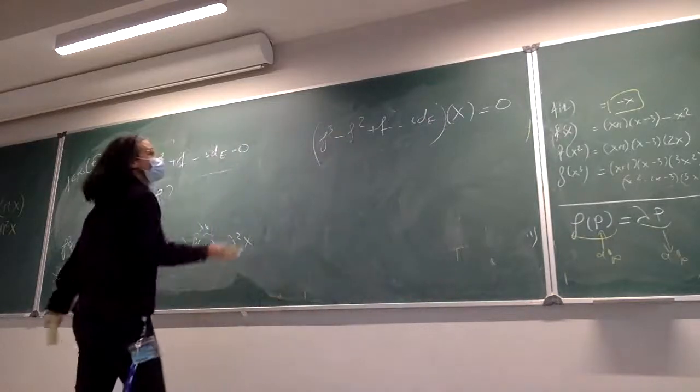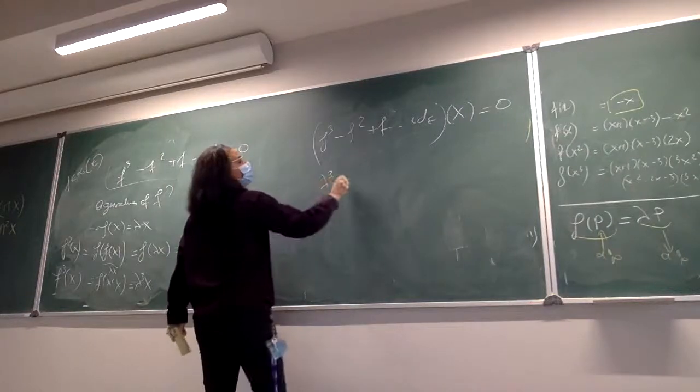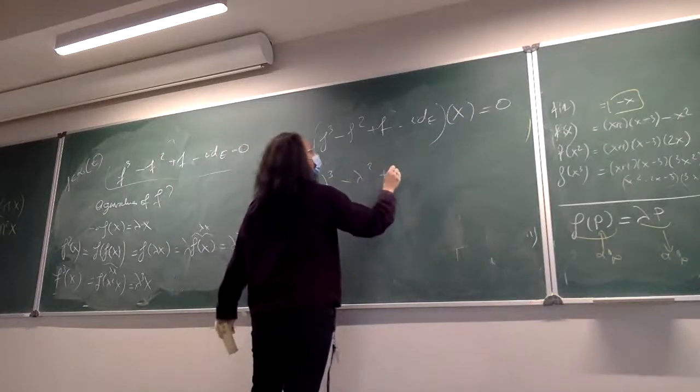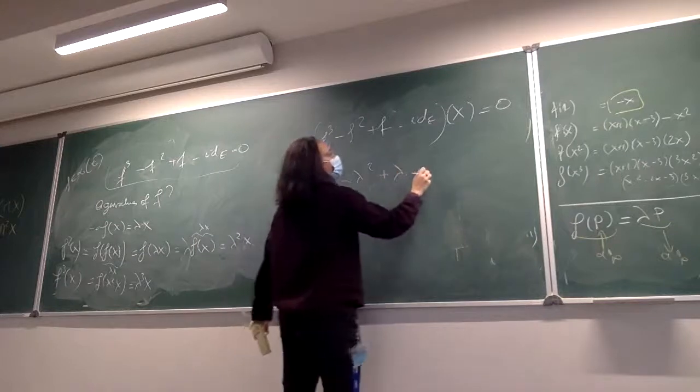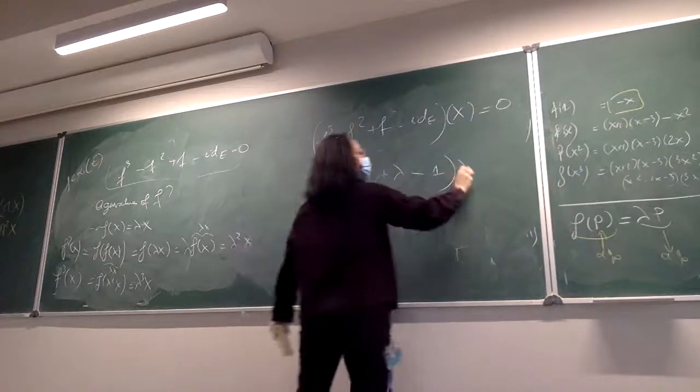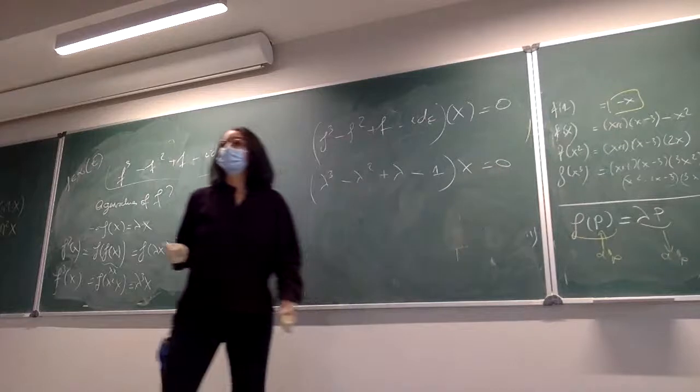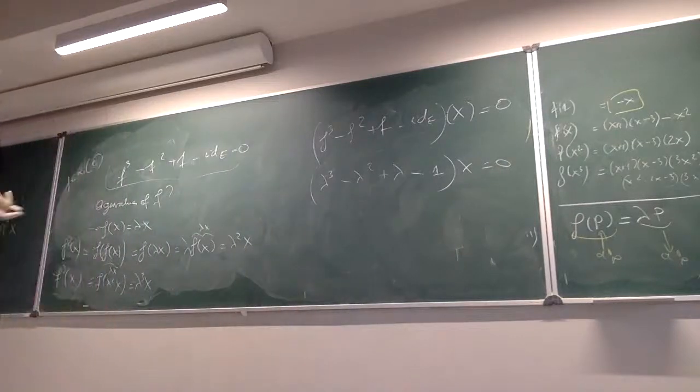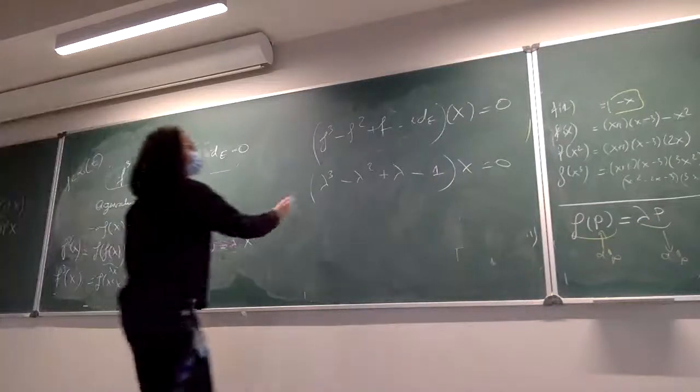And that just gives you, according to what we've said, lambda cubed minus lambda squared plus lambda minus 1 times x. And as we said, an eigenvector must never be equal to 0. It means that the eigenvalue has to satisfy this equation.